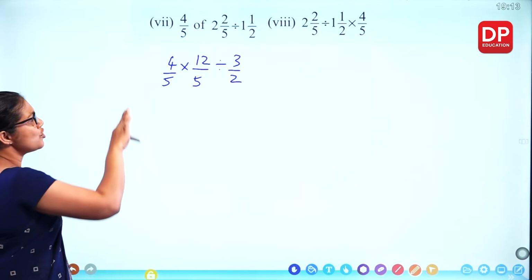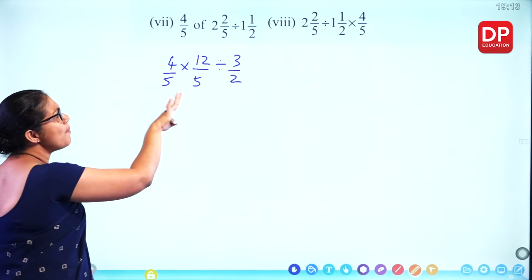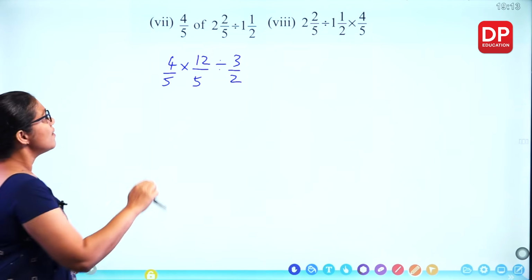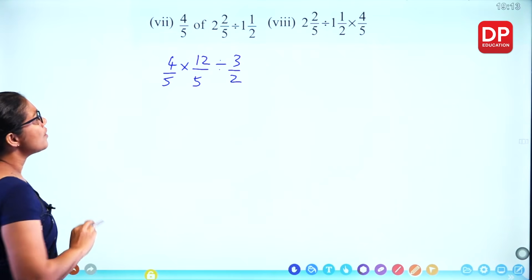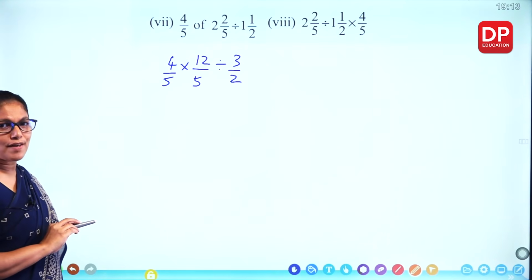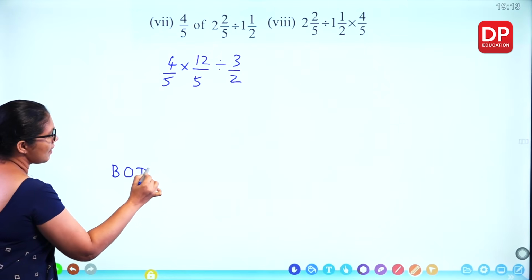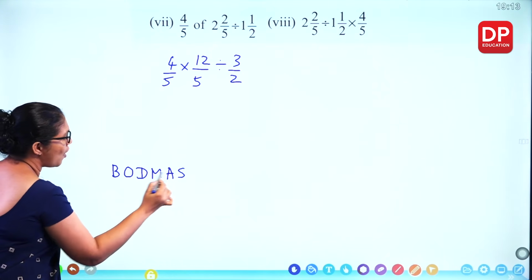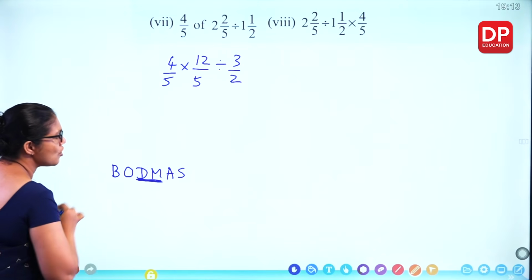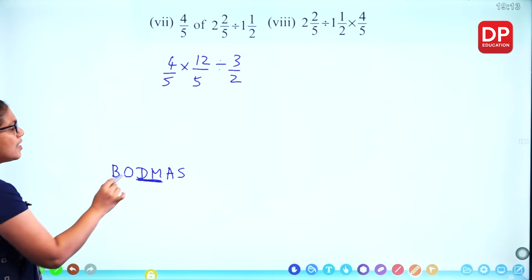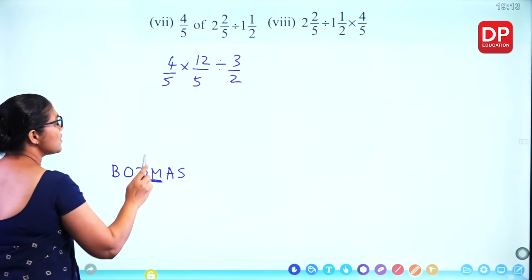Now what you do? You start from left and do the calculation. Now you get multiplication first. I told you according to BODMAS, left to right, whatever you get multiplication or division, you can do the first one.